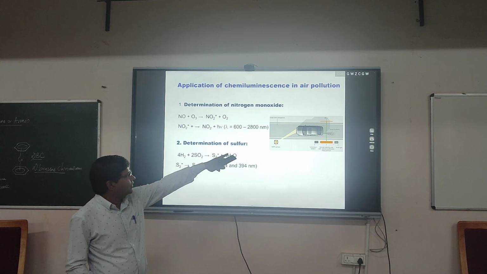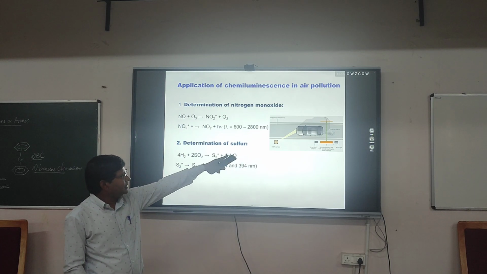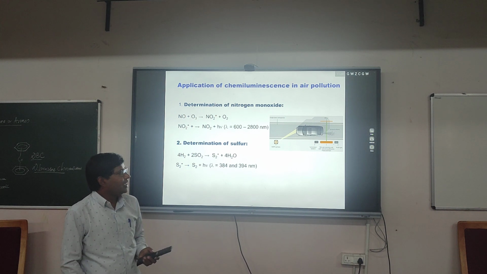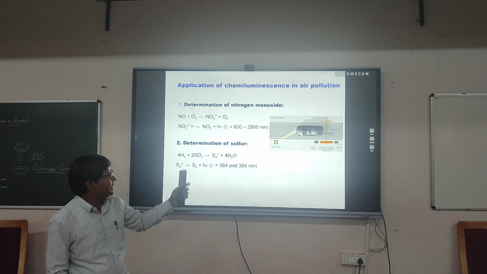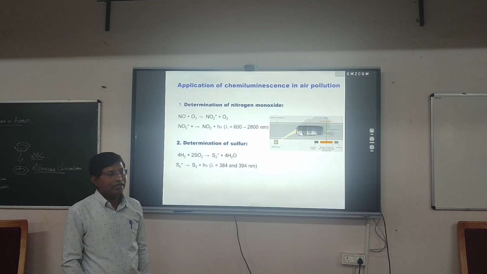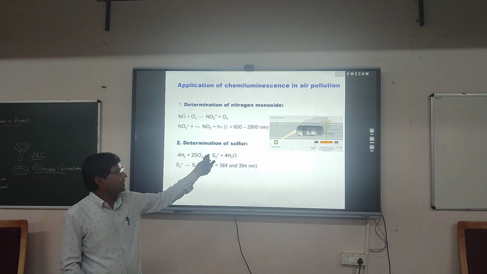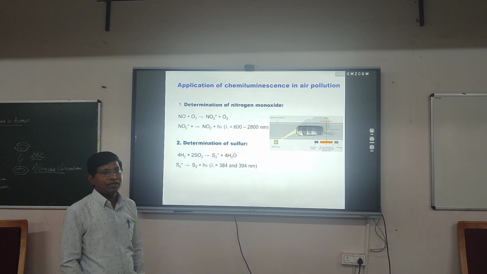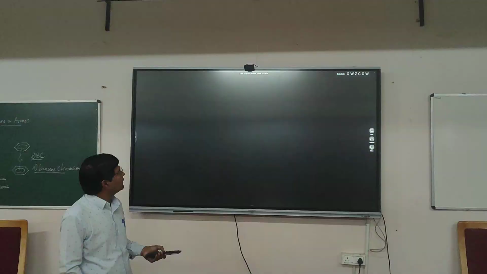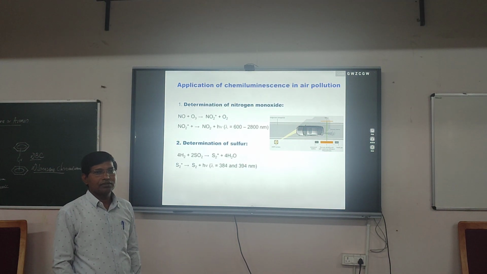When any car passes through the sensor, and if the exhaust contains air pollutants in excess of a tolerance limit, then that can be automatically monitored, and if your car has excess air pollutants, then at that time you will be fined. So this is a good application of the chemiluminescence process. Thank you.